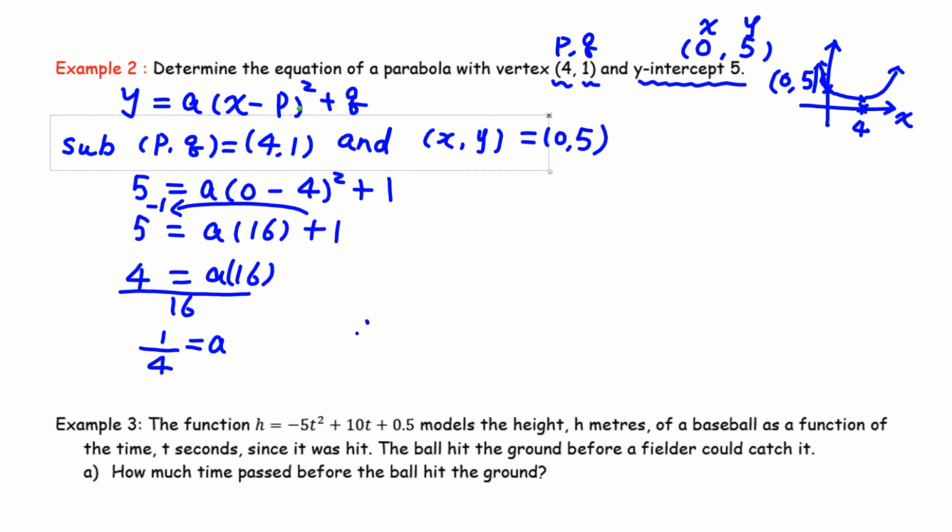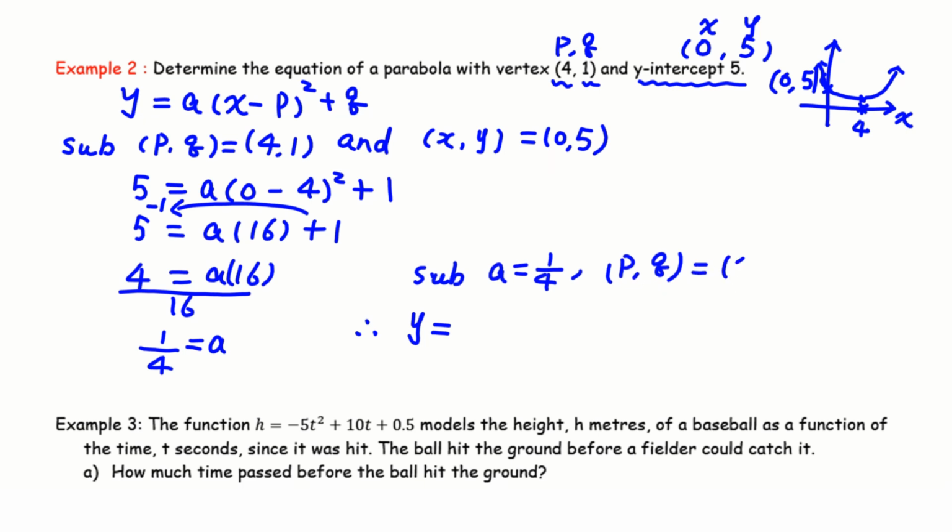Then we can write the equation out. So y equals, we sub a, p, q into the vertex form. a is 1/4, and (p, q) is (4, 1). You are going to have y = 1/4(x - 4)^2 + 1. Then this is done.